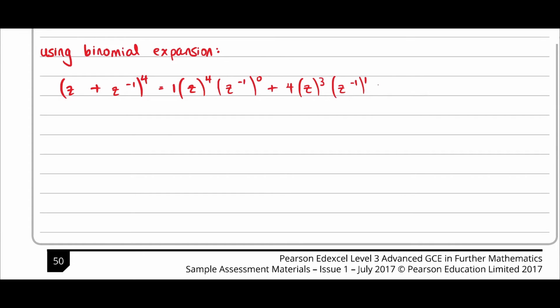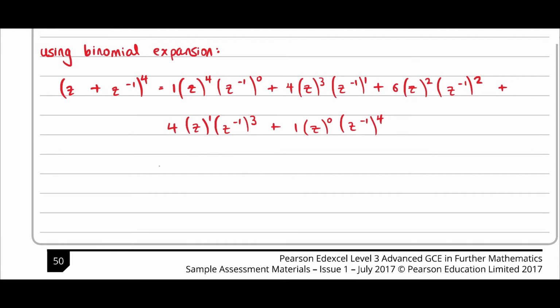Then our next coefficient would be 6, so we have z to the power of 2 times z to the minus 1 squared. Next we have 4 lots of z to the power of 1 lots of z to the power of minus 1 cubed, plus 1 lots of z to the power of 0 z to the minus 1 to the 4.